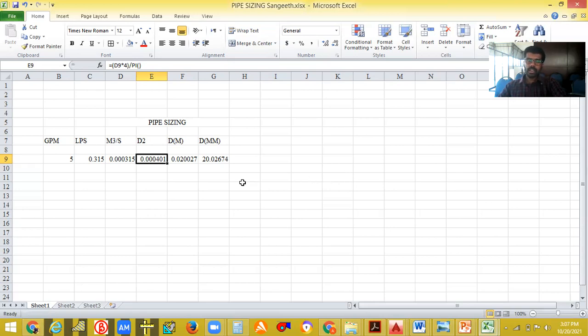With that we can find D square, and from D square we can find D. This is in meters, which we can convert into millimeters. It's very simple. Q is the flow, V is velocity, and A is the area, which we can write as pi by 4 d square. That is the formula.